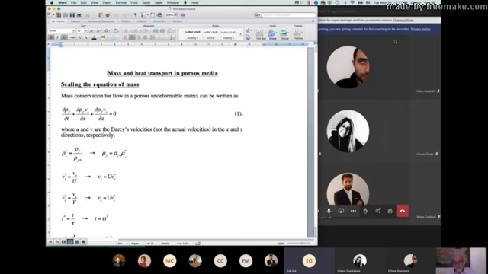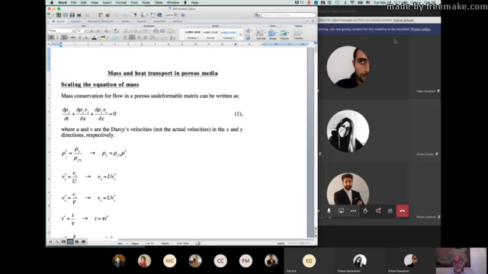There are fundamentally three equations that describe the flow in porous media. And of course, they are based on the equations of conservation. The first of them is the conservation of mass. Then the conservation of momentum.